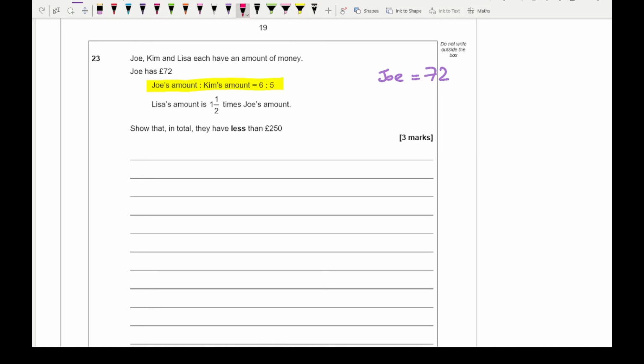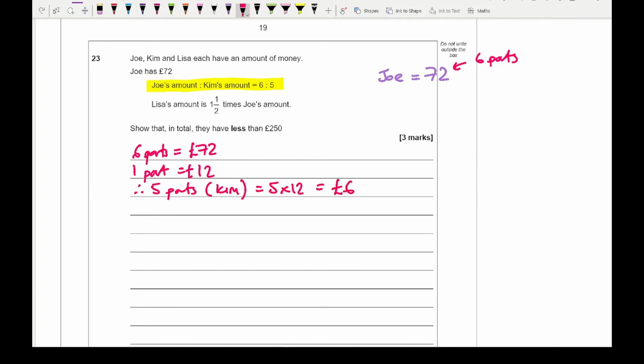So we know from this ratio that the amount that Joe's got is 6 parts. So if 6 parts is £72, then 1 part is going to be 72 divided by 6, which is 12. And therefore 5 parts, which is Kim's amount, is going to be 5 times 12, which is £60.